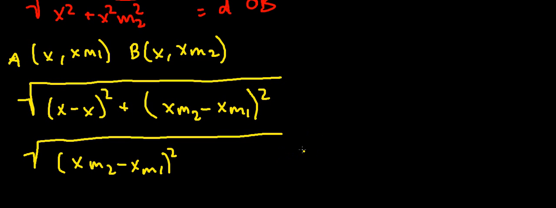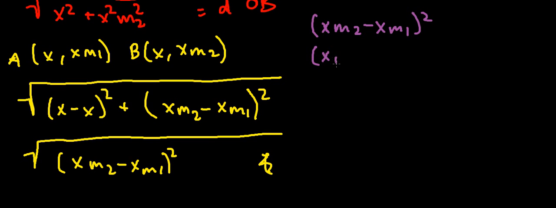So let me do it up here in a different color so we don't get confused. (xM2 minus xM1) squared is equal to (xM2 minus xM1) times (xM2 minus xM1).